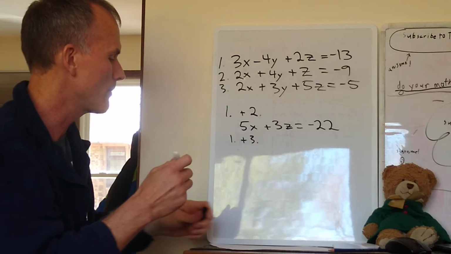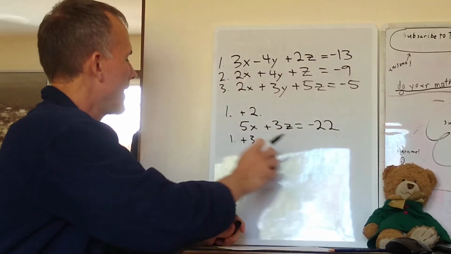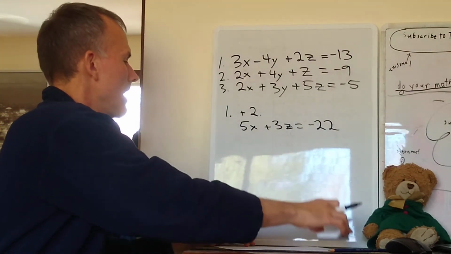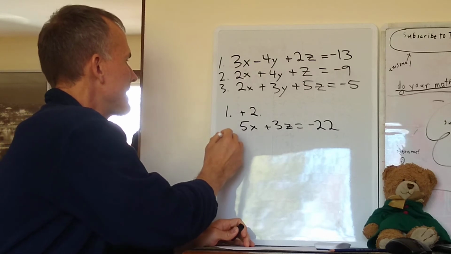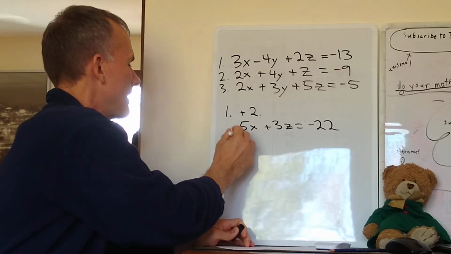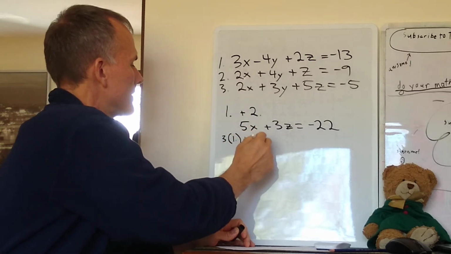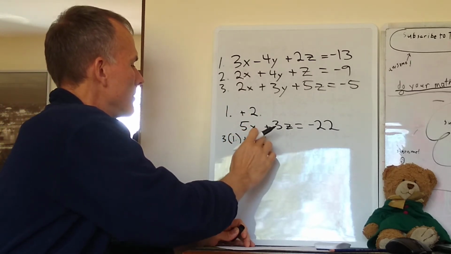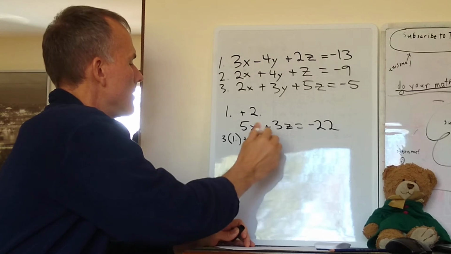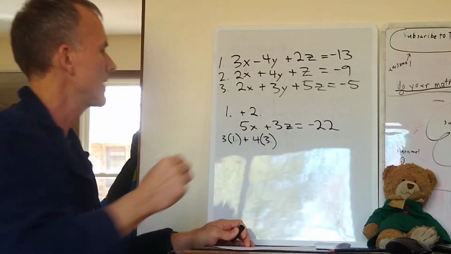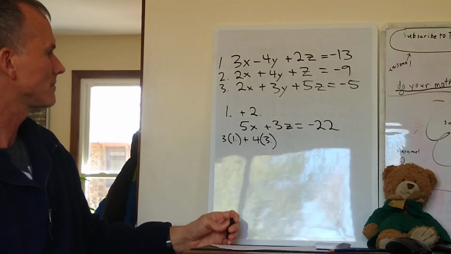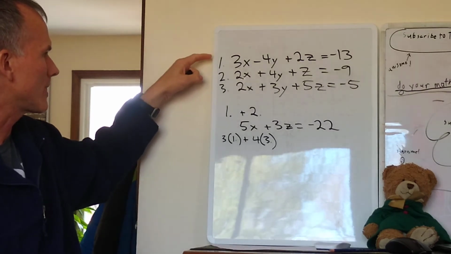So instead of just writing 1 plus 3, I'm going to write 3 times equation 1 and 4 times equation 3.